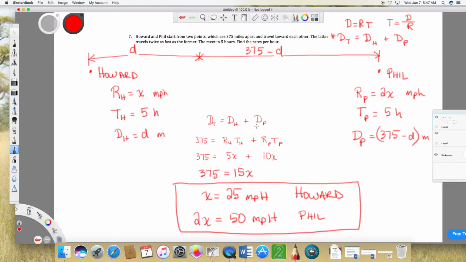If I had set the two times equal to each other, we said that that's distance divided by rate, but we also know that the total time would be 10 hours. Let's see, distance divided by time. Yeah, I could, since I know the rates.